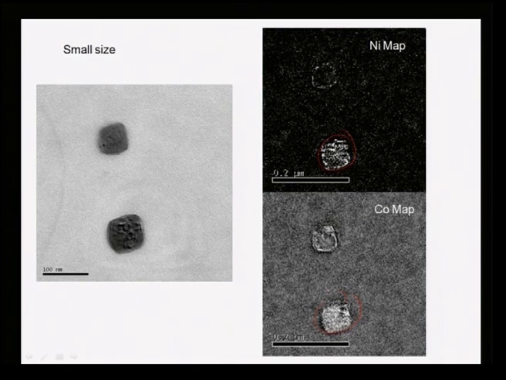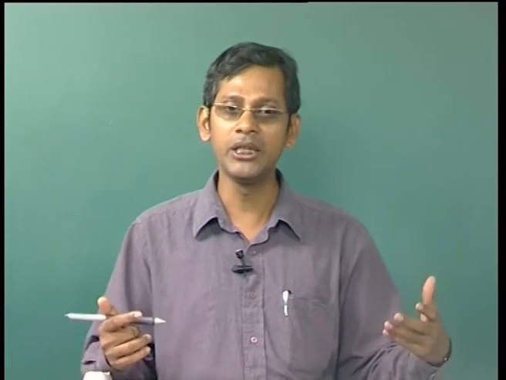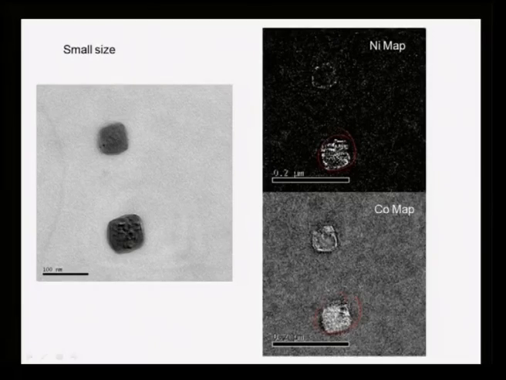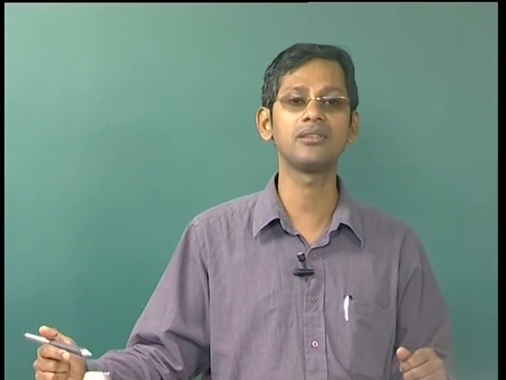As you know, these small particles, which are alloys of nickel and cobalt nanoparticles, are used as a catalyst. The catalytic behavior of those particles will depend on the elemental distribution and also the atomic electronic structure. So by using EELS, one can obtain all kinds of information and use it to understand the catalytic behavior.